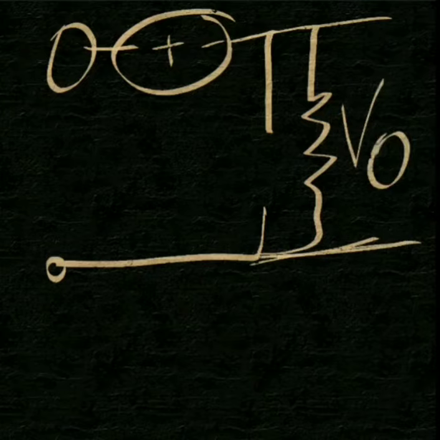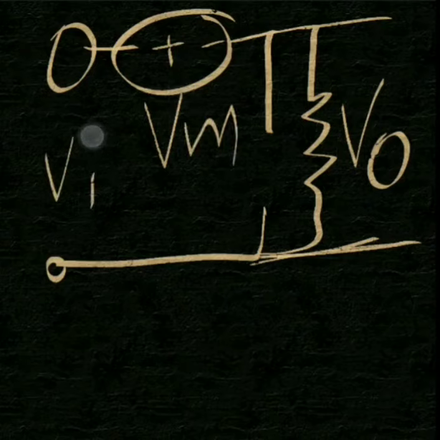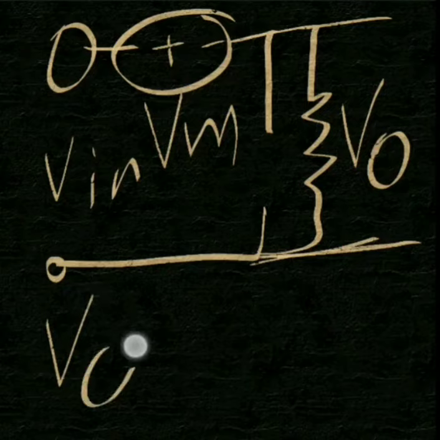Here is Vo, this is Vm, and this is Vin. So applying KVL, Vo will be Vin minus Vm.